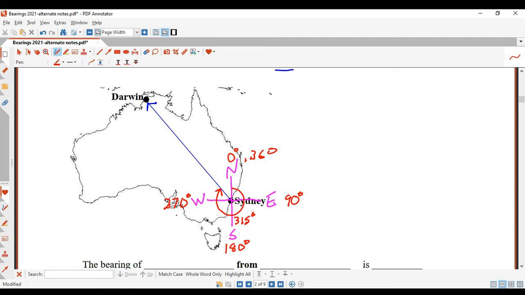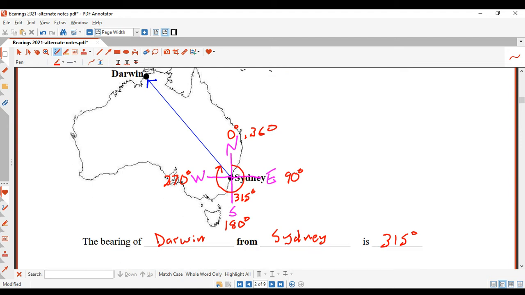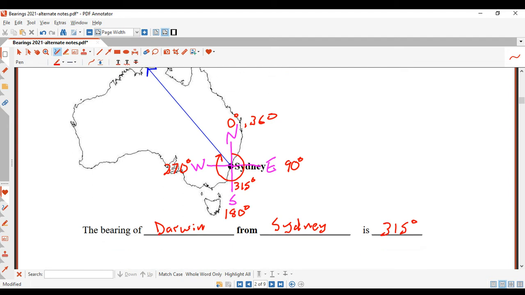The way we write this down is the bearing of Darwin, the direction of Darwin from Sydney, is 315 degrees. We call this a three-figure bearing, and when you're using three-figure bearings, you have to use 3 digits. The bearing is 315 degrees clockwise from north. So the direction of Darwin from Sydney is 315 degrees.